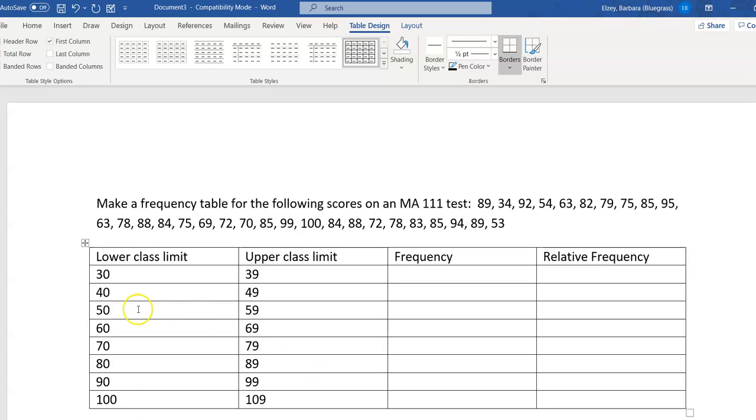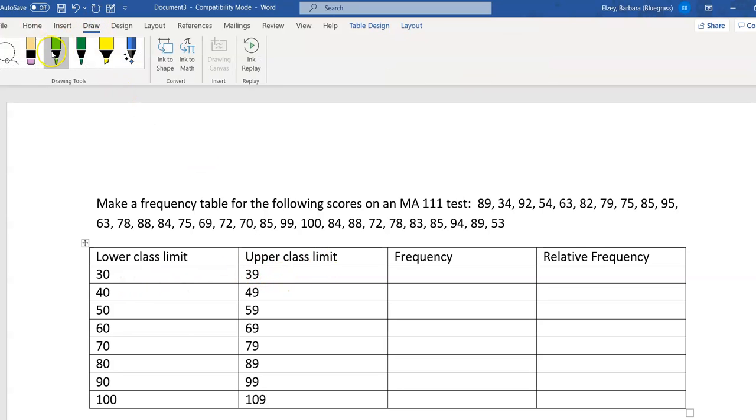All right, now what we do is we count up how many we have between each of these values. So I'm going to use my draw feature again, and I'll count up all the 30s. Let's see, we have a 34. I think that is it. So in the box for the 30, I'll put 1.